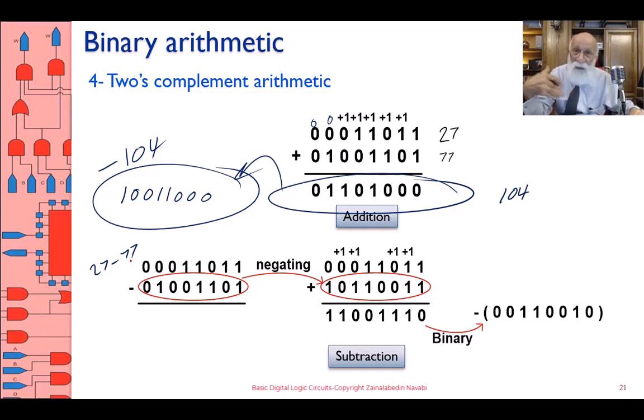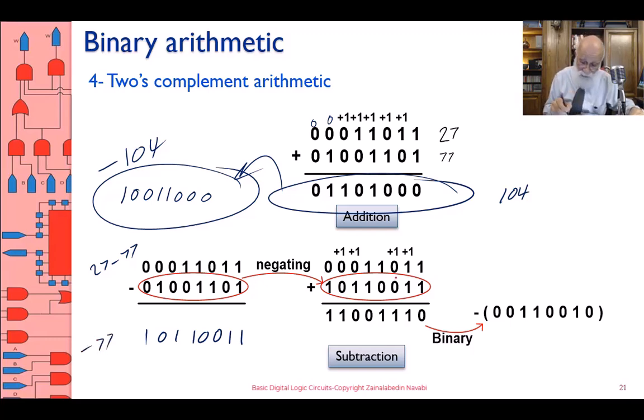But then I said, well, no, I have a better way of doing it. What I do is I take 77 and turn it into its negative in the 2's complement system. It becomes 1, 1, 0, 0, 1, 1, 0, 1. Okay? That becomes minus 77.